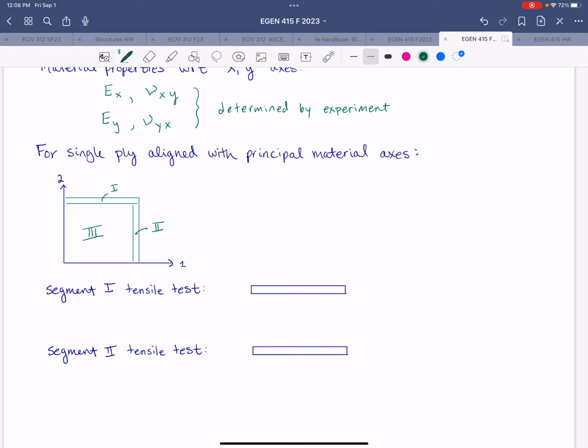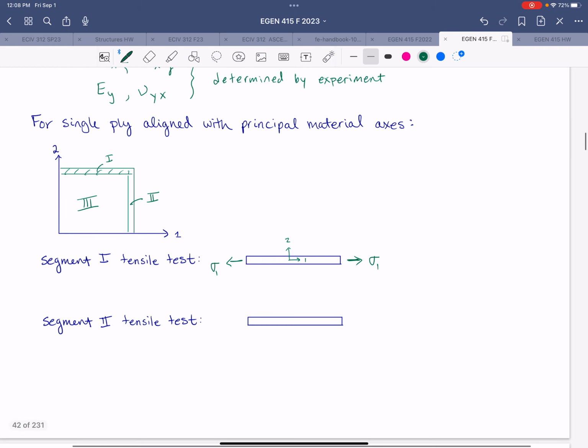So we'd take this first strip, and apply a normal stress that's oriented along that first direction. So this would be the 1-2 orientation for that strip. And then we would measure the strains in both the orthogonal directions, right?